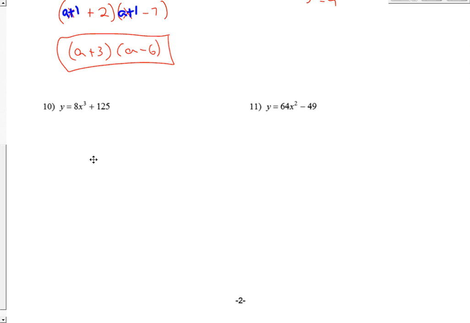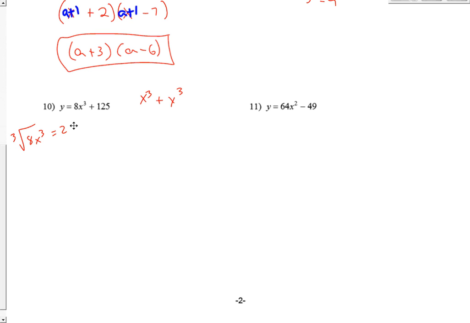Similarly, I'm going to work through number 10. I have an x cubed, and I only have two terms. So I have to think about, okay, this is maybe an x cubed plus y cubed type of factoring. To confirm that, I'm going to take the cube root of 8x cubed. The cube root of 8 is 2.